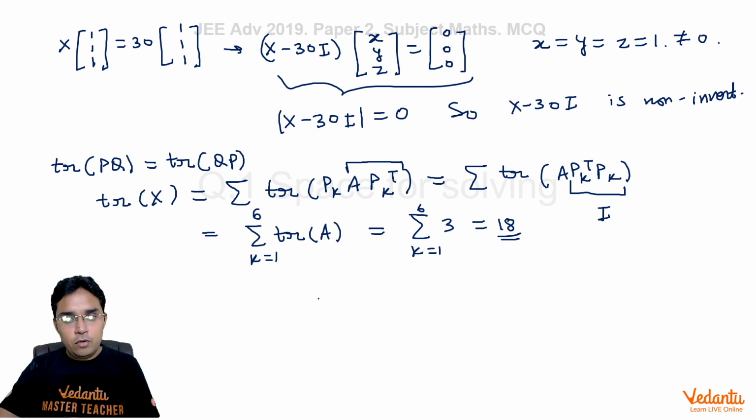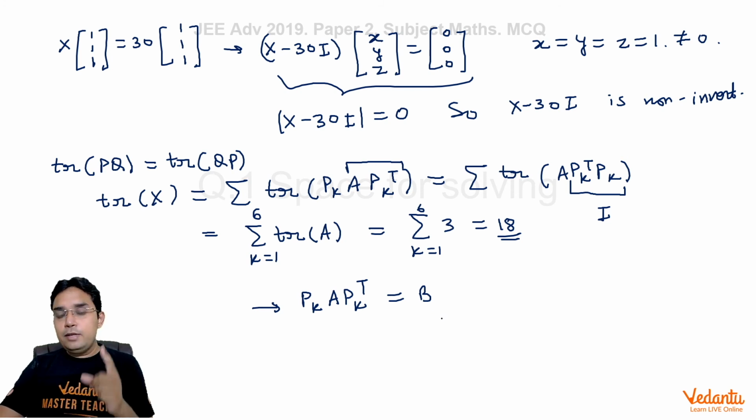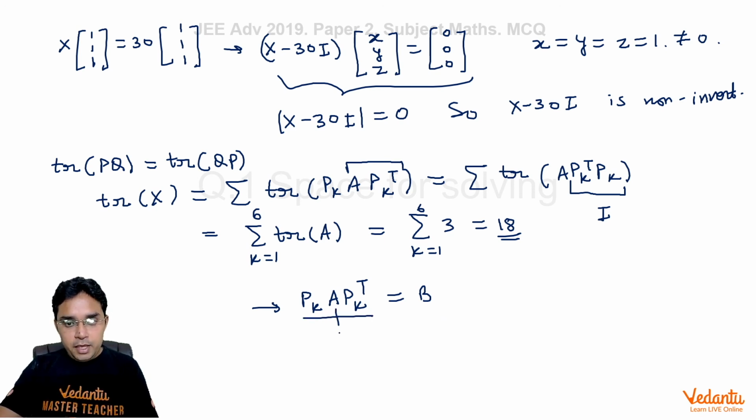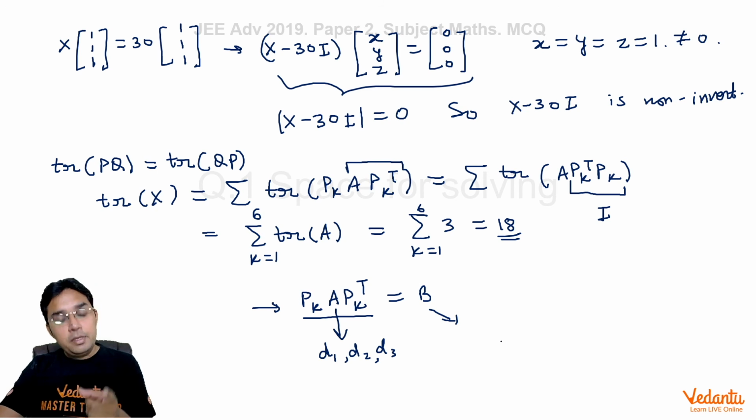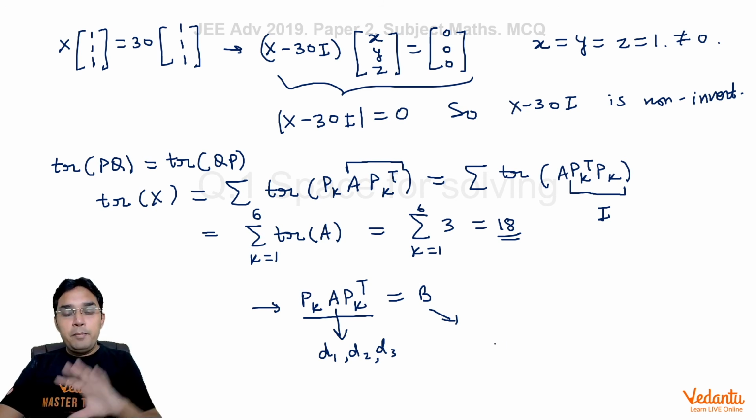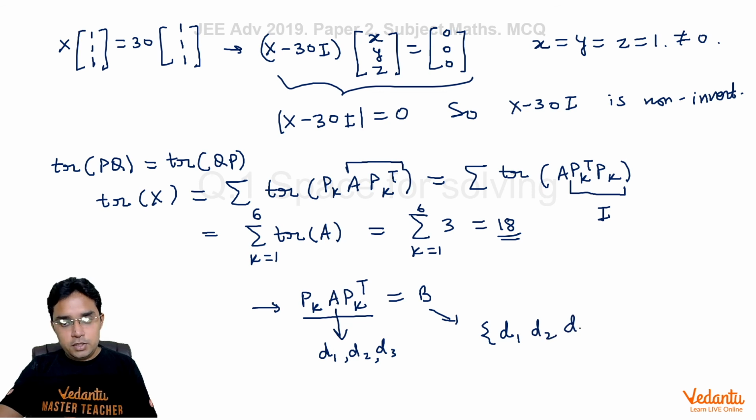Say the expression P_k A P_k transpose becomes equal to B. You can check for all values of k, P1 to P6, that if A has diagonal elements d1, d2, d3, then B will also have the same three elements in its diagonal, maybe in some different order, some permutation of d1, d2, d3.